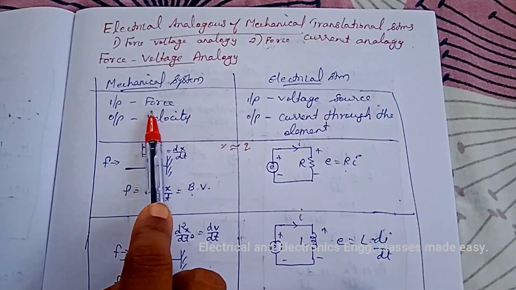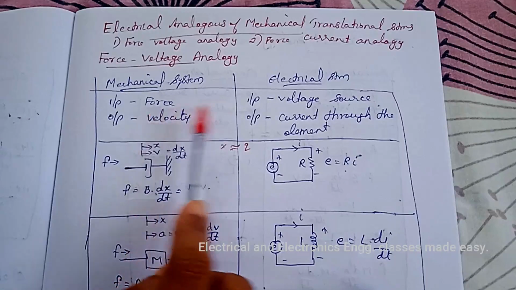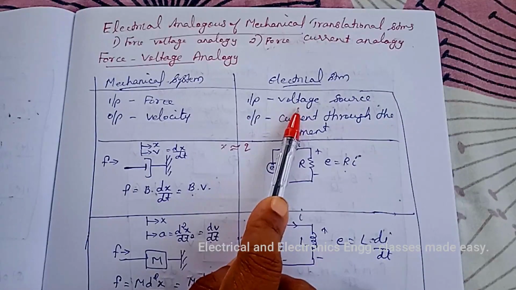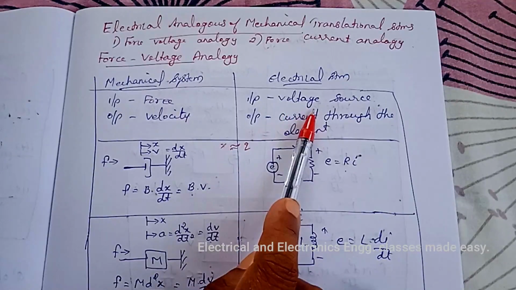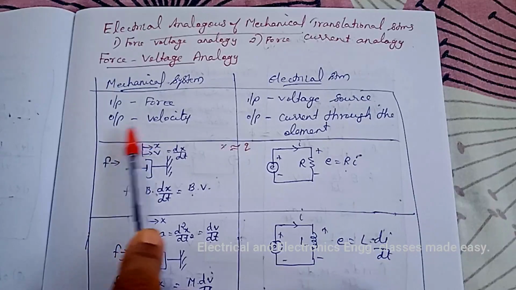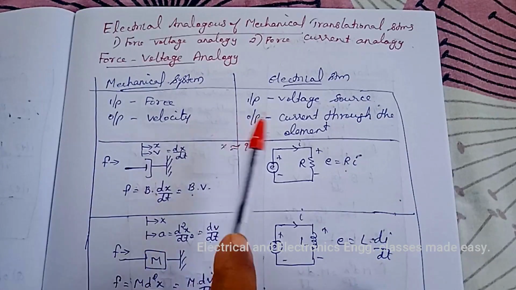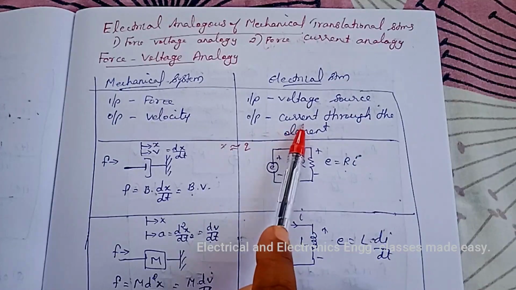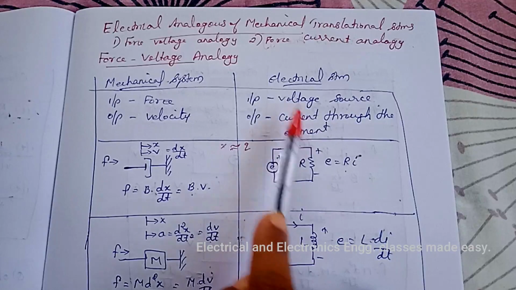The input force in mechanical system is analogous to either voltage source or current source in electrical systems, and the output velocity in mechanical system is analogous to either current or voltage in an element in electrical system.